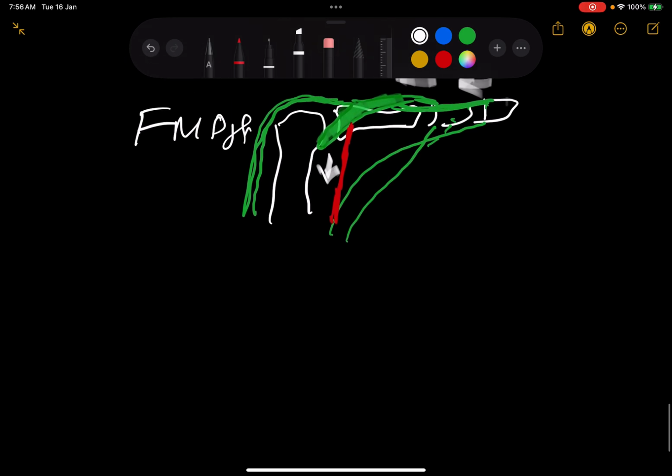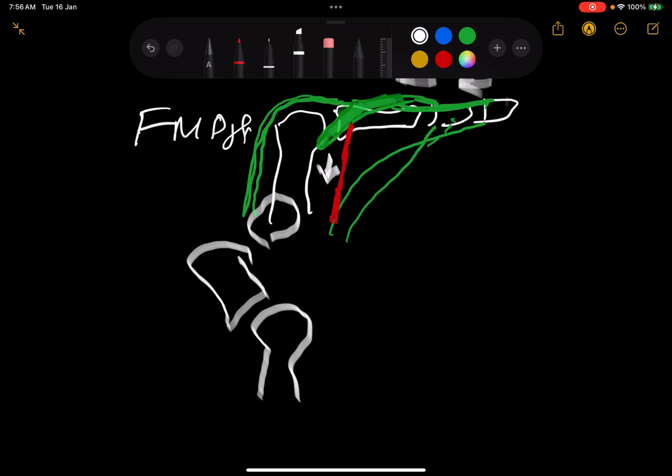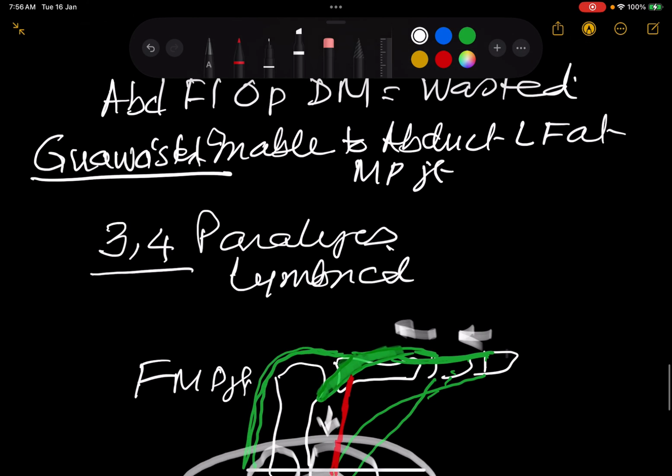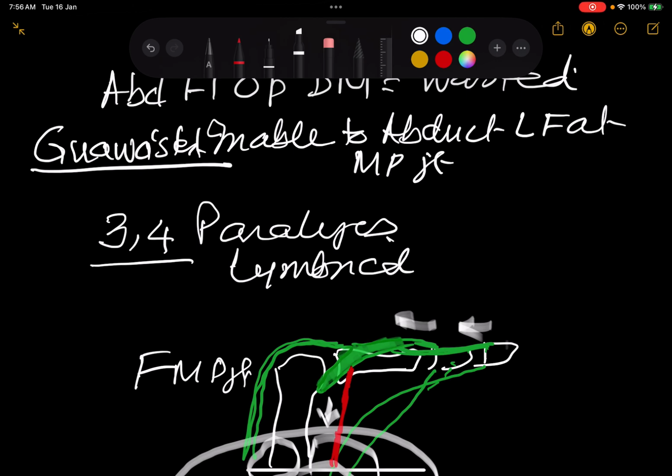Supposing it gets paralyzed, the MP joint will hyperextend, and the PIP and DIP joint will flex. So the finger will become clawed. So clawing of hand is the paralysis of lumbricals. Clawing of the third and fourth finger.